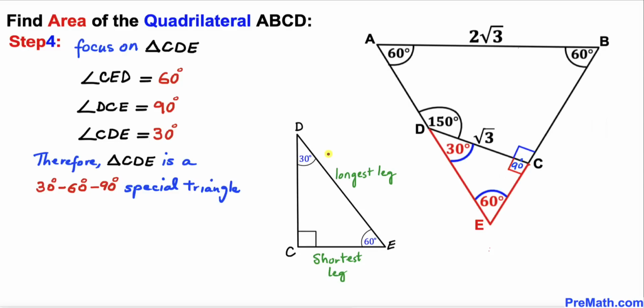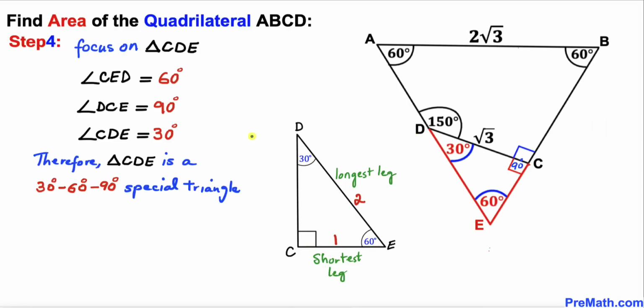Here I have copied down this triangle CDE, and as we can see, our smallest angle is 30 degrees. The side opposite to that smallest angle is going to be our shortest leg, and our largest angle is 90 degrees, so the side opposite to that one is going to be our longest leg.